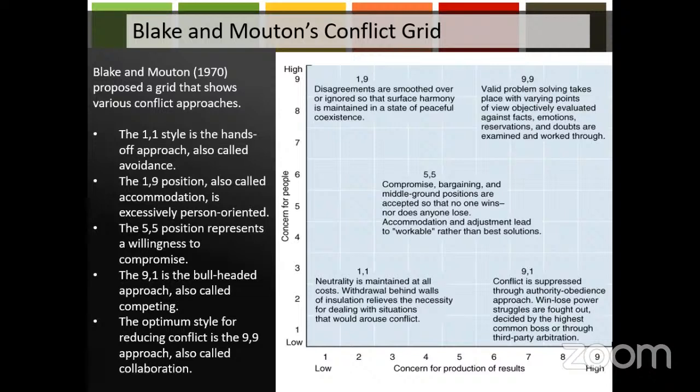So I think it's a chart or a model that tries to give us a scenario for us to choose from. What is it that you want to adopt? It's a scenario, not a linear relationship.